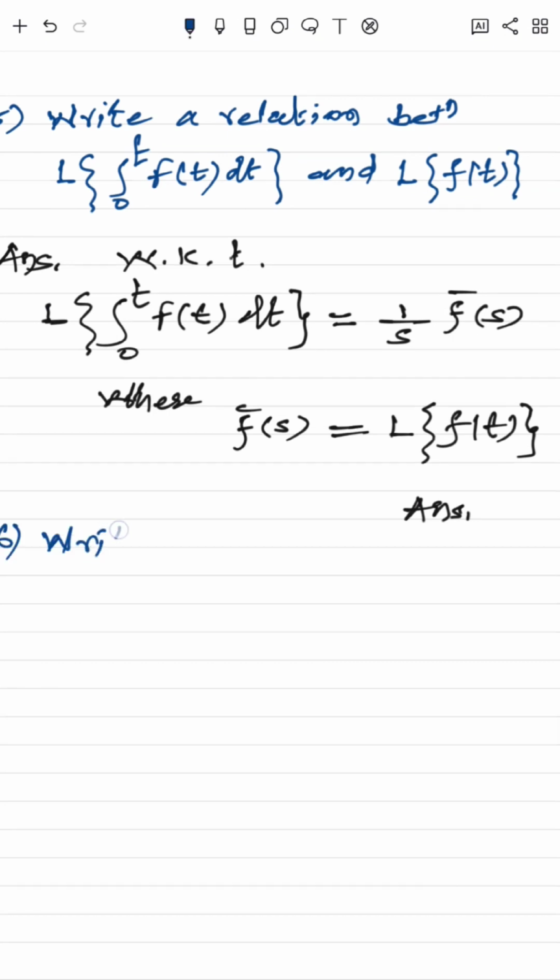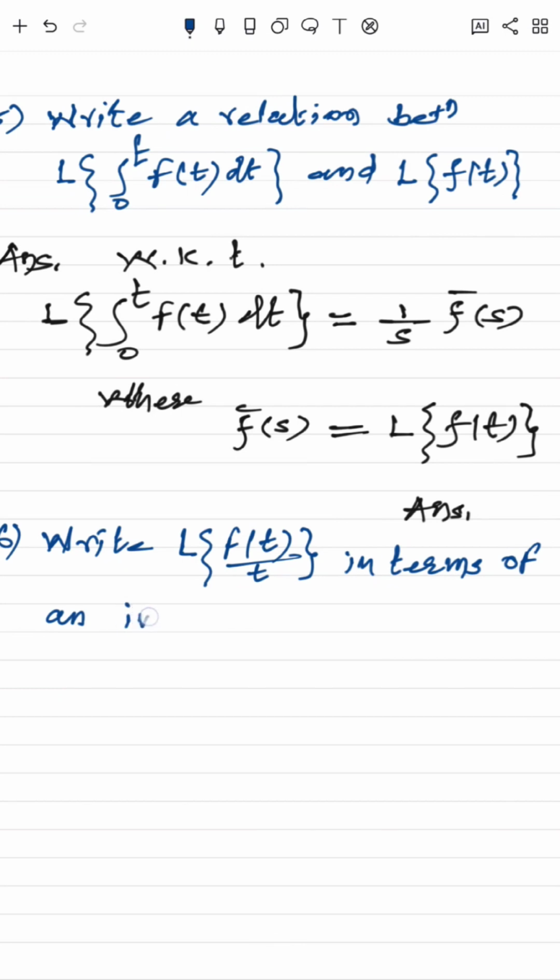Question number 6. Write Laplace transform of f of t divided by t in terms of an integral.